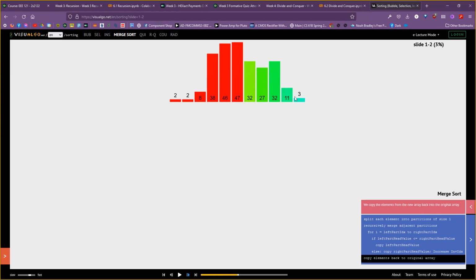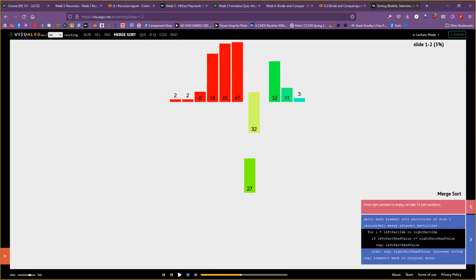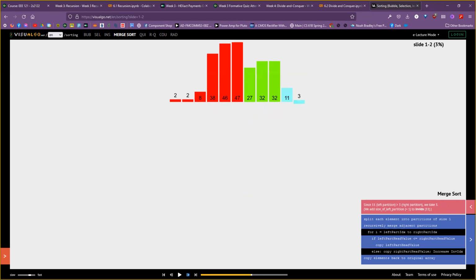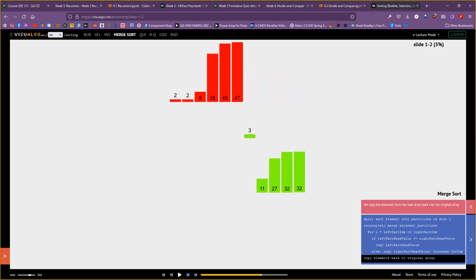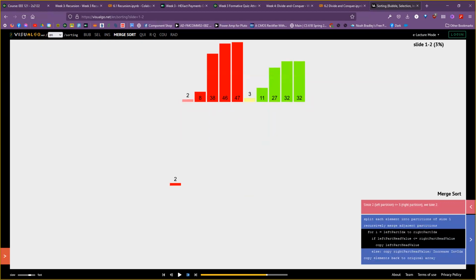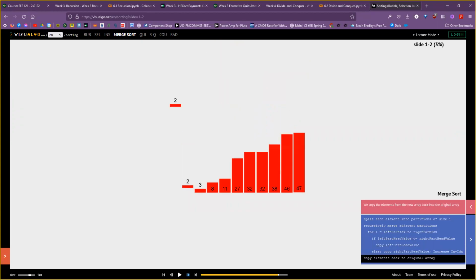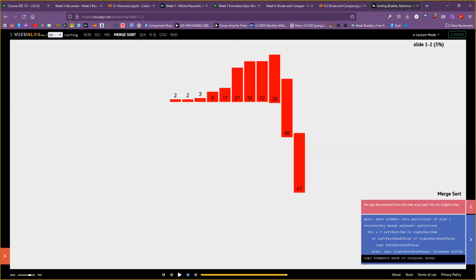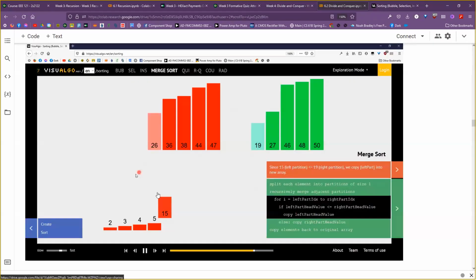So para i-sort yung isang partition, i-apply ko si merge sort. So i-merge sort ko muna yung mga partition. And then if sorted na yung buong partition, mas madali ko na lang siyang i-merge. So ayan, nakukuha yung recursive step or recursive na call.